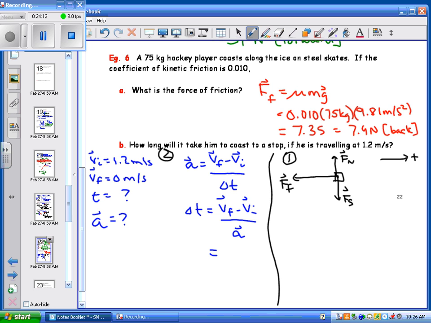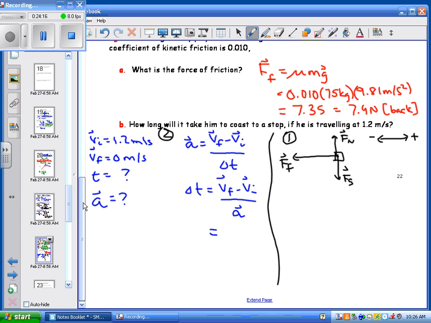It's only forward positive and backward negative. So we have F net equals Ff. And we found Ff already, so acceleration is going to be Ff over mass, which will be negative 7.35 newtons divided by the mass of the hockey player, who is 75 kilograms.